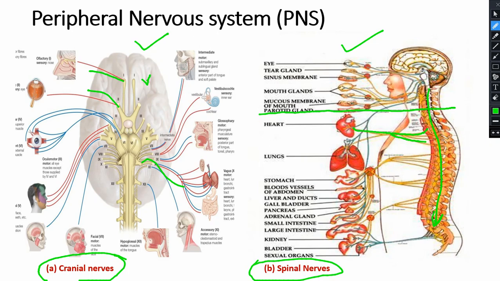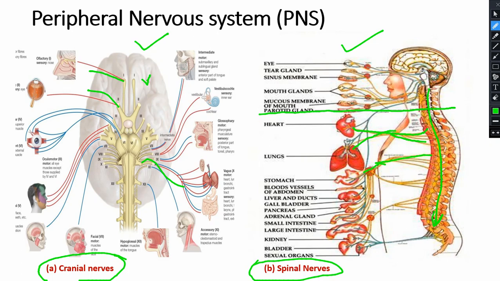Some go toward the heart and some are toward the lungs. These nerves are in touch with the stomach, the blood vessels and the gallbladder, so these are distributed to all organs and all parts of the body, even to the skin.